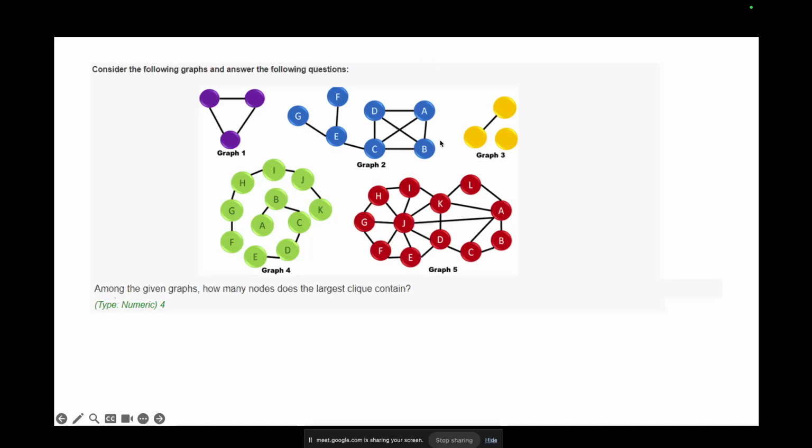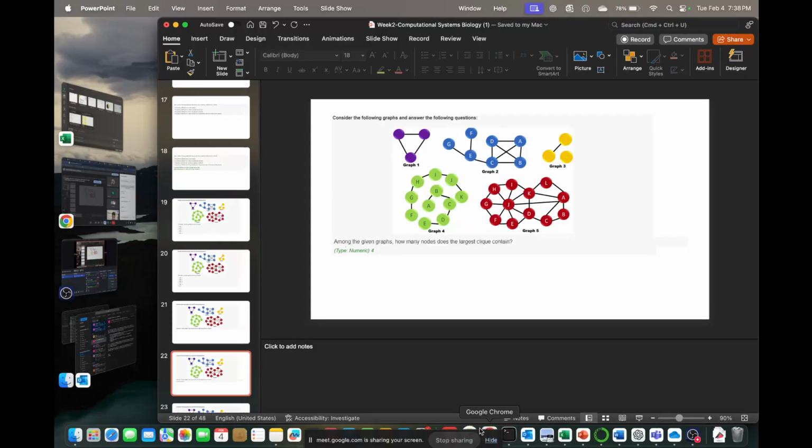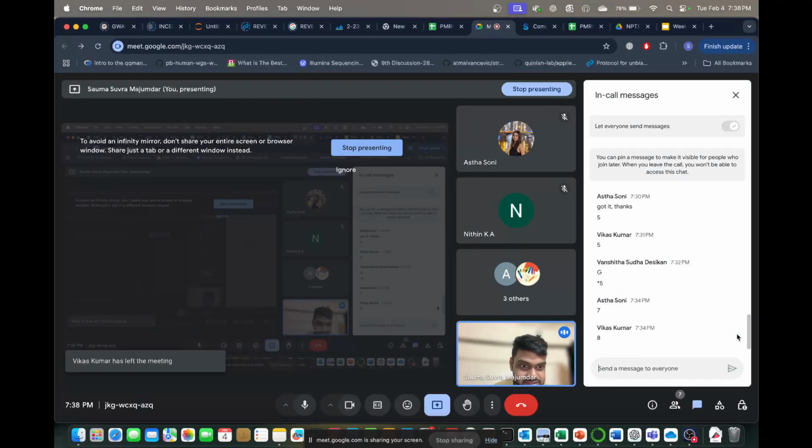Which is true in only this case, not these cases. And in this case also it's true, but since the number is lower than this, the answer is not this. This is the answer, but this is not the answer because there are connections missing, right? I hope I'm clear, right? Any confusions here?